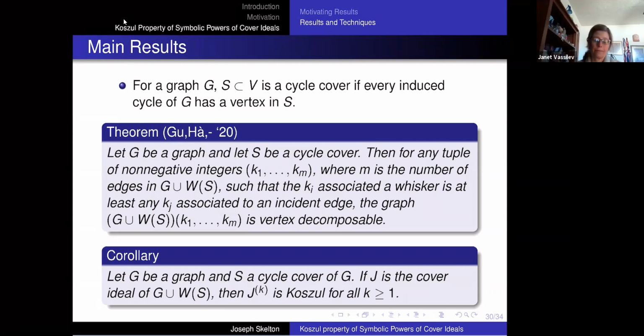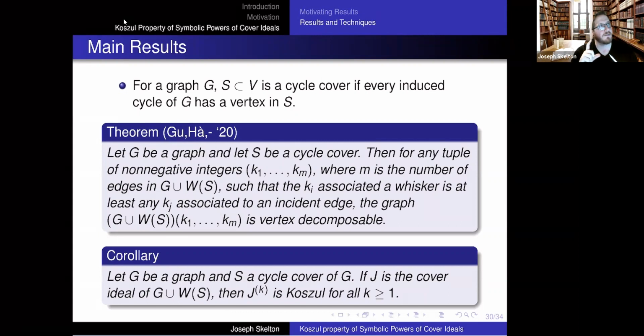So, looking at the independence complex of graphs, whiskering a graph is analogous to partial colorings in simplicial complexes. So are there partial coloring restrictions we could do? We're still in early stages of thinking about that.